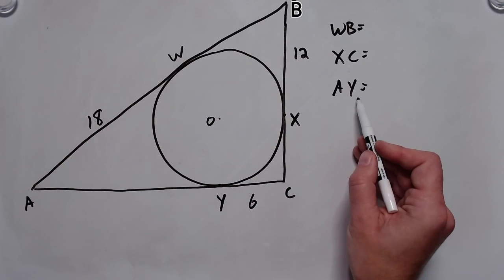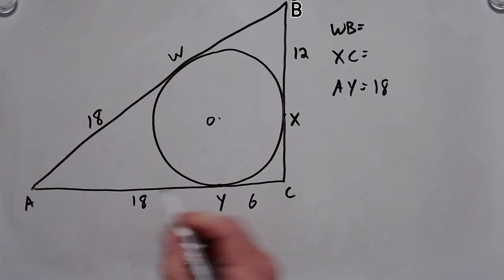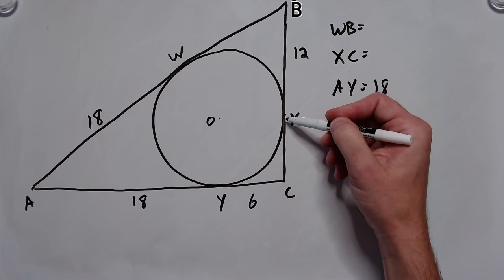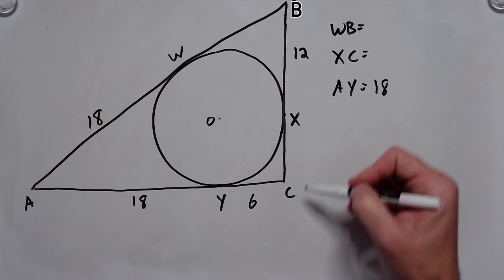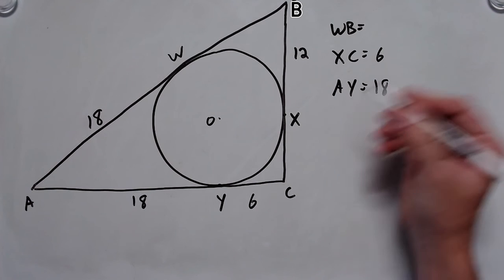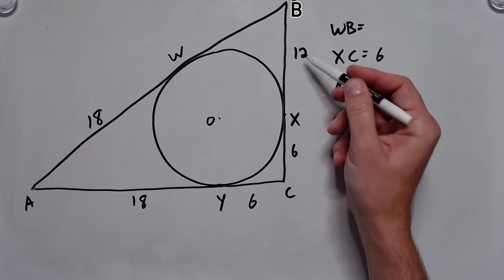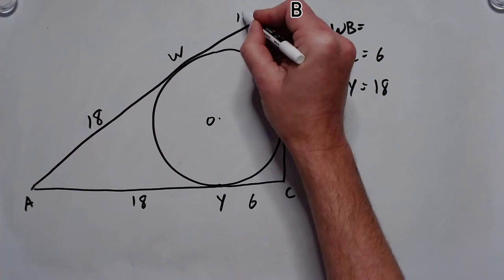So AY is 18, and we can put that down here. And from C to X has to be the same as from C to Y. So XC is also 6. We can put that down here. And finally, B to X is 12. So B to W has to be also 12.